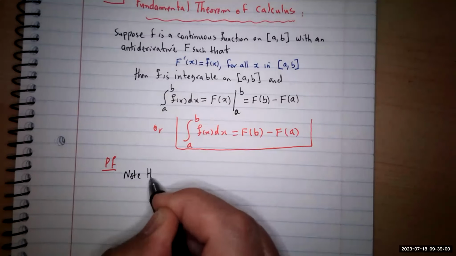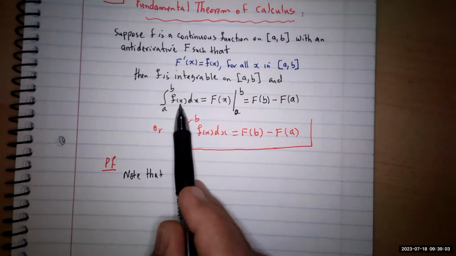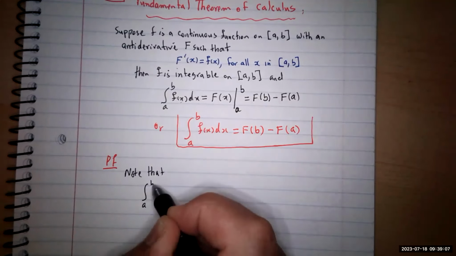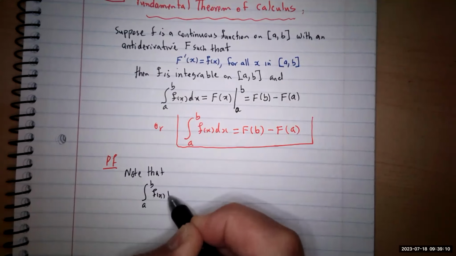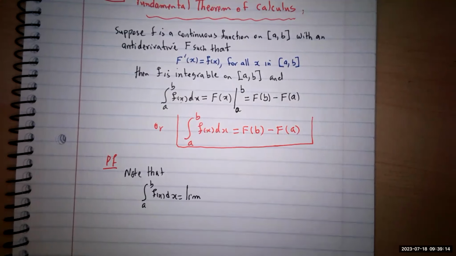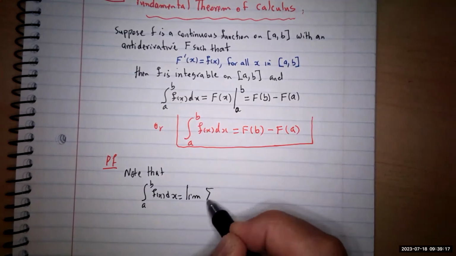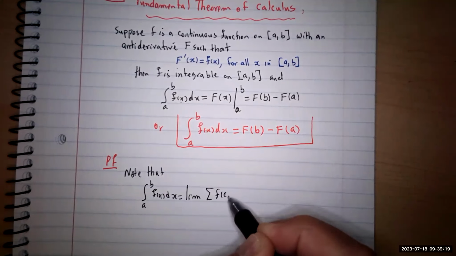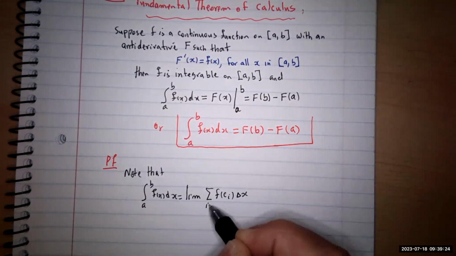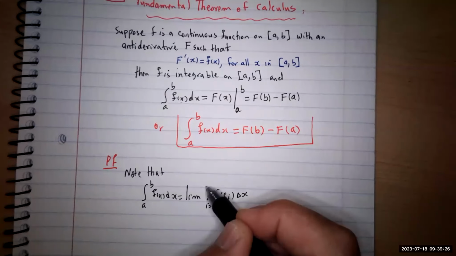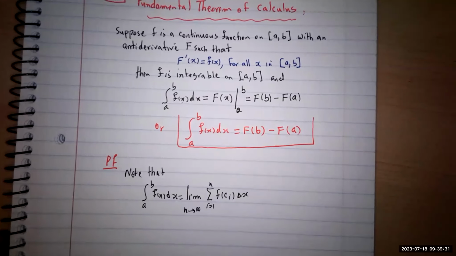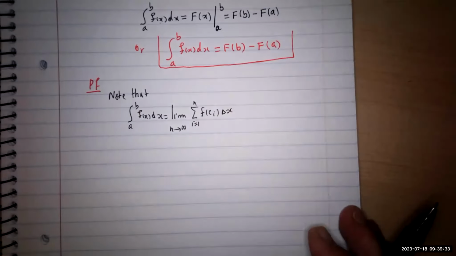What is this integral? Remember, if f is integrable, the integral from a to b of f of x dx is the limit of the sigma of f of ci times delta x, i from 1 to n, as n goes to infinity. That is the definition of a Riemann integral.